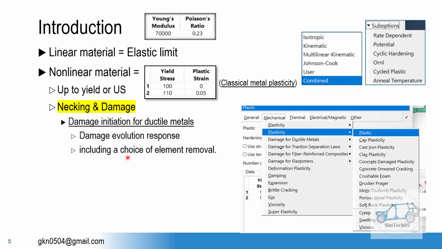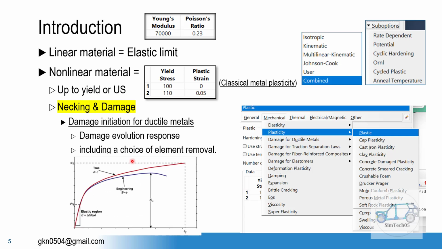This is nothing but, if stiffness degrades up to a certain limit, the software will remove those elements. Here we can see the true stress-strain curve, and to define the damage we must go beyond the ultimate tensile strength point. We will discuss this in brief in subsequent slides, so do not worry about that.